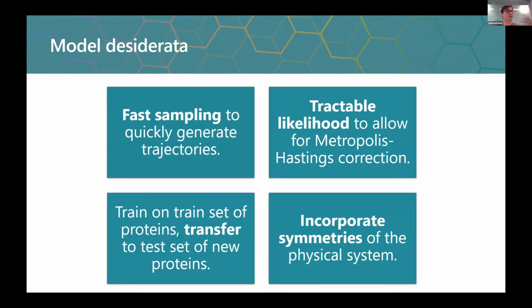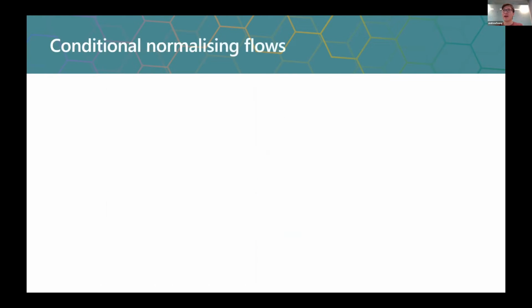Connected to that, we want to incorporate the symmetries of the physical system, or at least some of the physical symmetries. Because of these reasons, we settled on using conditional normalizing flows, and we will see that they managed to handle most of these desiderata.